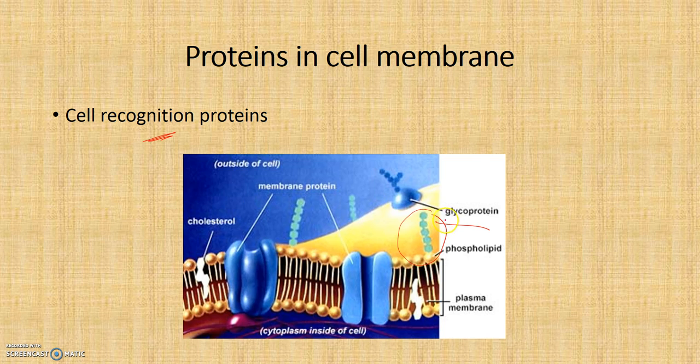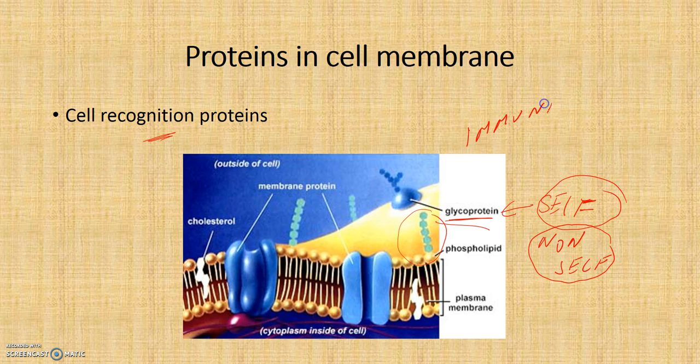Same thing. These glycoproteins will help the body differentiate between self and non-self. So all your cells have a certain self-recognition glycoprotein attached to their cell membrane, because of which the soldiers in our body, our immune system, do not attack our own cells.